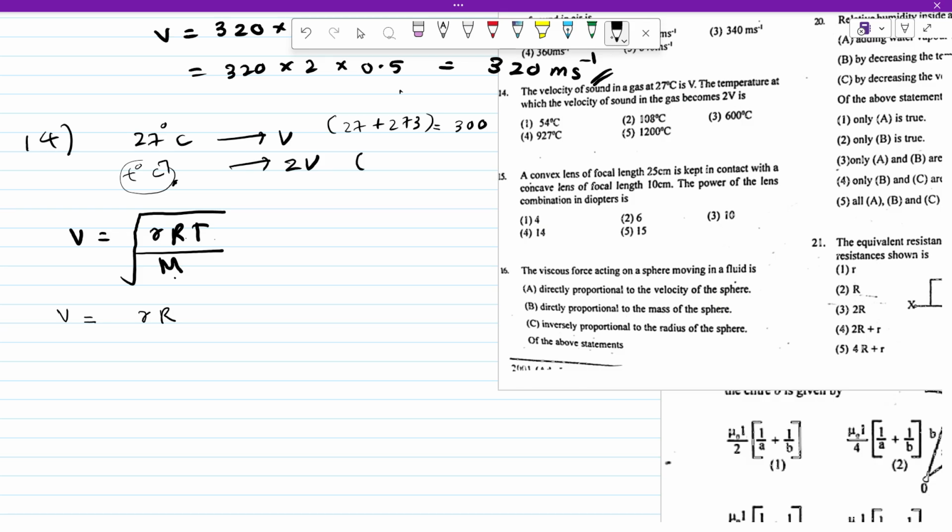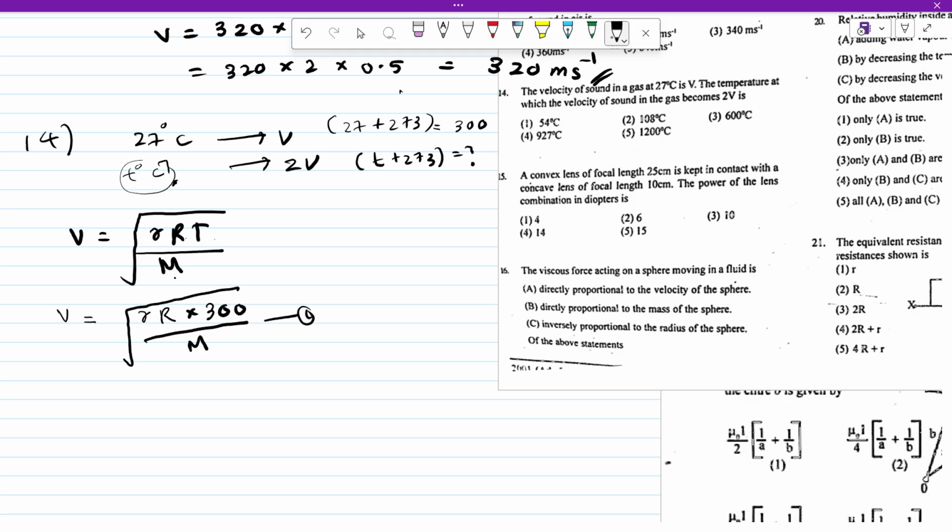Here our unknown temperature is T plus 273. We don't know that. So gamma R into 300 divided by M. We are not given any data about the particular gas. This is our first equation.